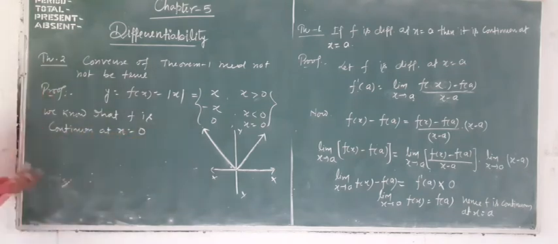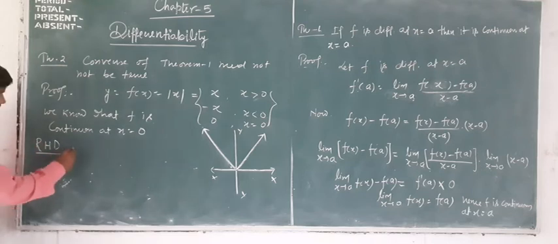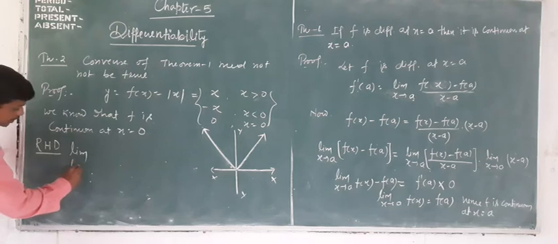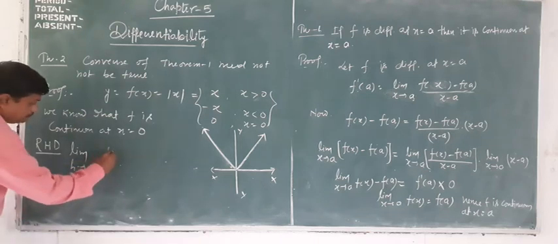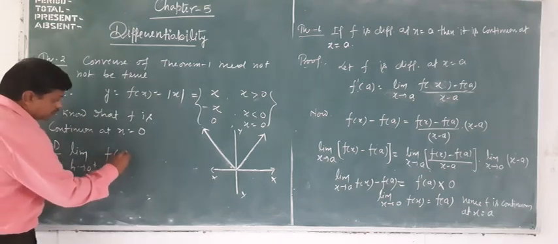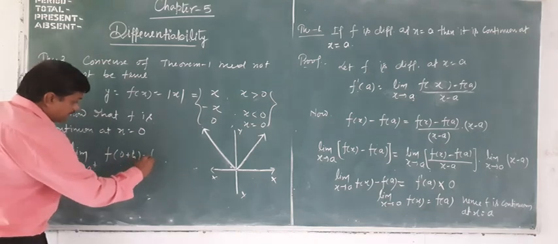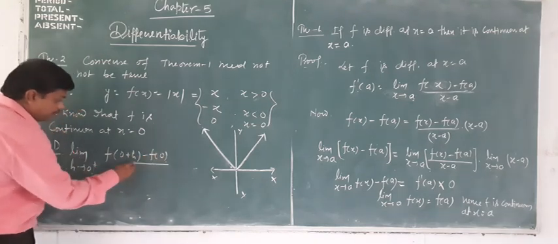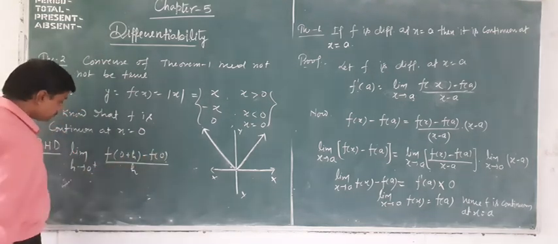Now I would like to check the differentiability of that function at x equal to 0. So first I would like to find the right hand derivative at x equal to 0. So limit h tending to 0 plus of (f(h) minus f(0)) divided by h.